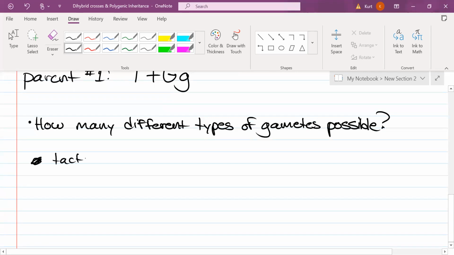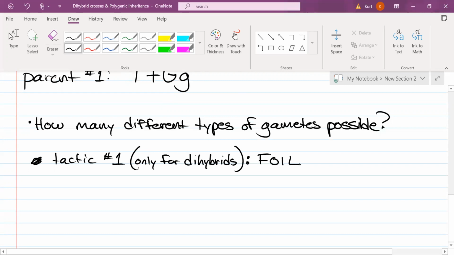Tactic 1, and this is only for dihybrids: do the FOIL method. First, outside, inside, last.